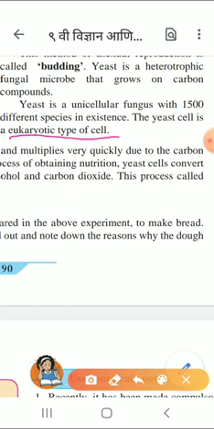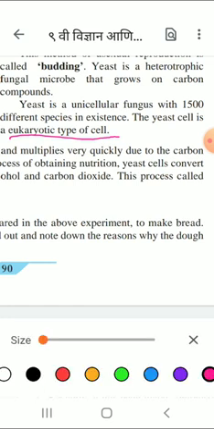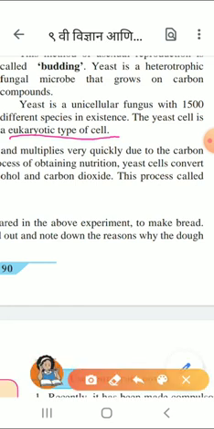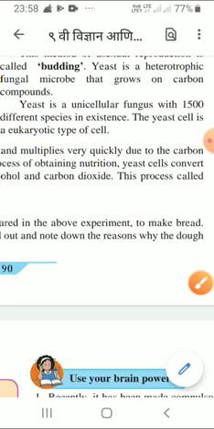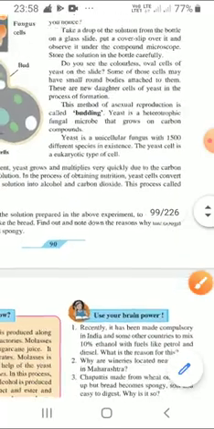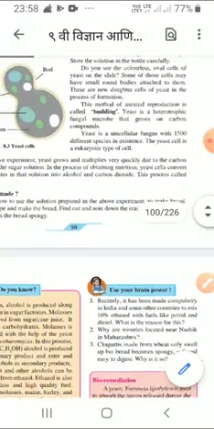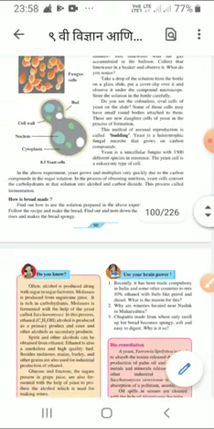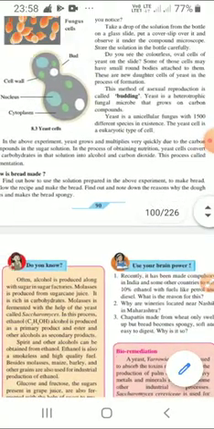What is this process called, children? Fermentation. So, here we will underline this point, which process is called fermentation. Here we will see what fermentation is and how it occurs in the yeast cell.